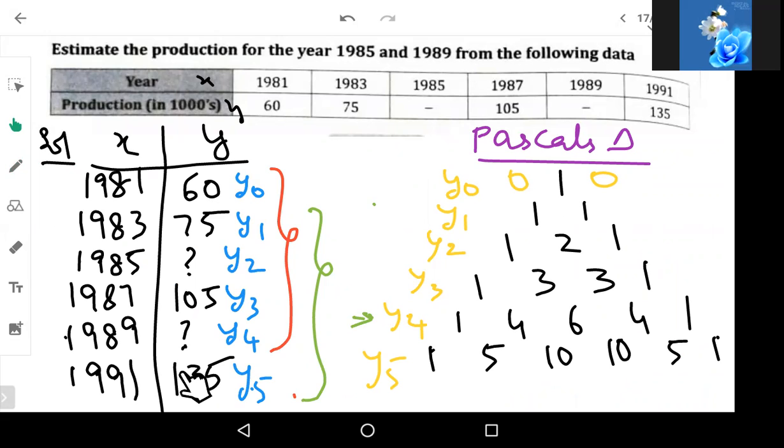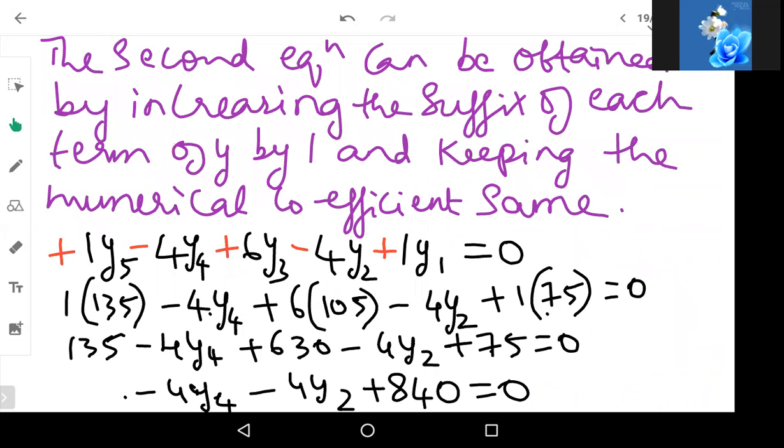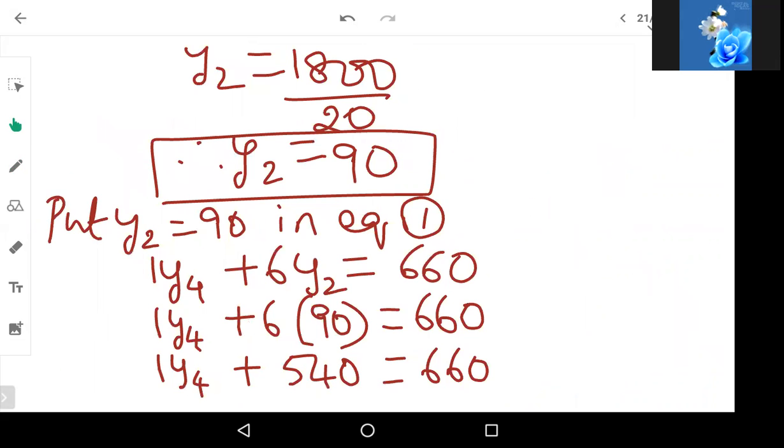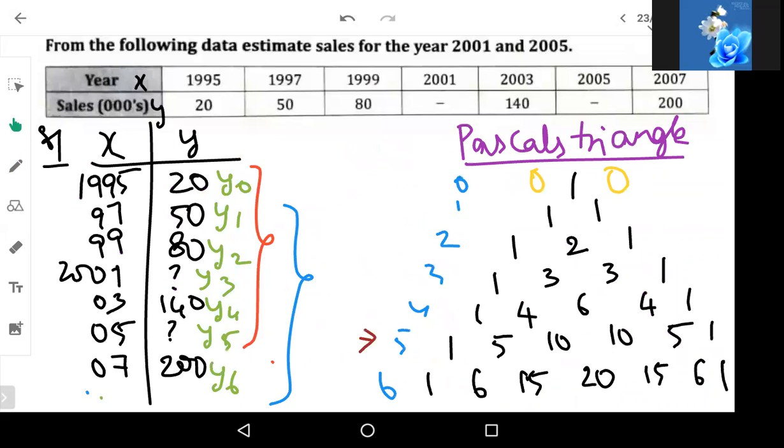So you have 4 known values. So that is why I subtracted with the 4 coefficient. Okay, but in this problem, I have 5 known values: 20, 50, 80, 140, 200. So because it is with 5 known values, I am taking 5.